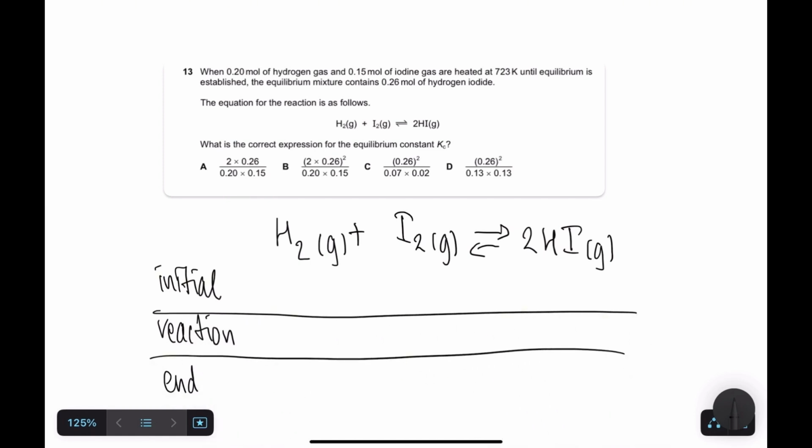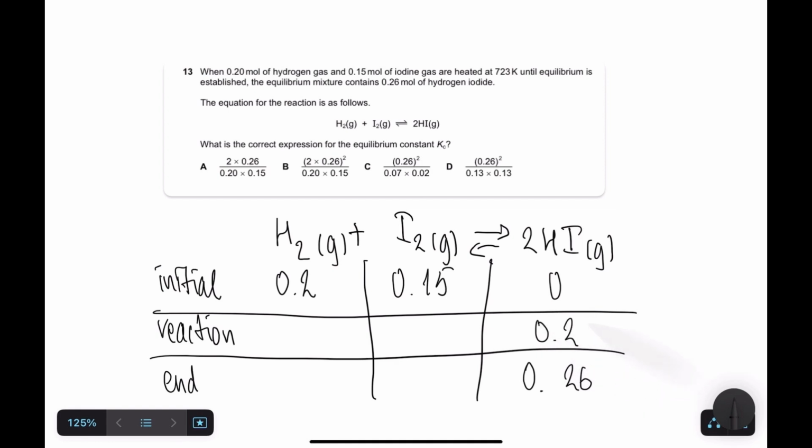Initially hydrogen gas is 0.2 moles, iodine is 0.15 moles and hydrogen iodide is 0. In the end, hydrogen iodide is 0.26. Calculating the mole ratios, the reaction goes as 0.13, 0.13, and we subtract it.